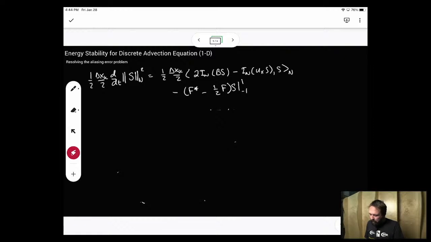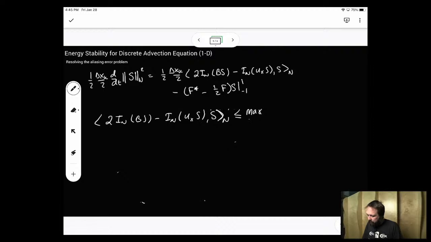We can put a bound on this integral here, or this discrete integral. If I actually go through the quadrature, what I can say is that the discrete inner product of 2 interpolant b s minus interpolant u_x s with s is going to be less than or equal to, again, we'll do the same trick, the max within 0 to L, or within that particular element that you're looking at, of 2b minus u_x.